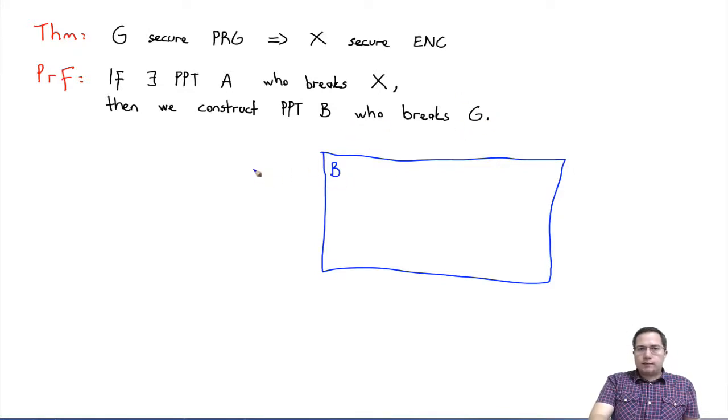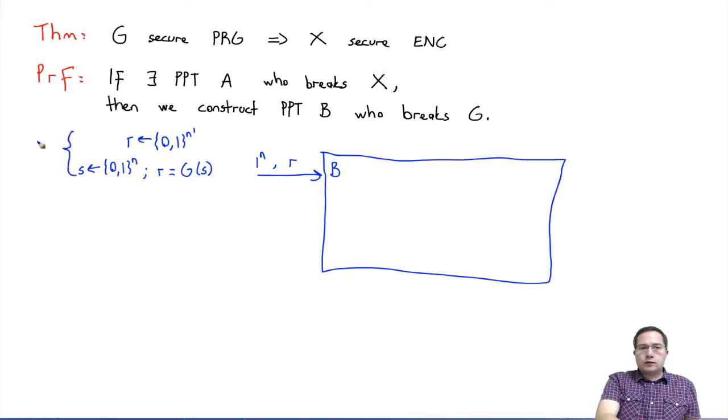What was the PRG game? Remember, B is given the security parameter and some value R, such that either R is picked randomly from n prime bit length values, or a random seed was picked for our PRG, and then this R was computed as G of that random seed.